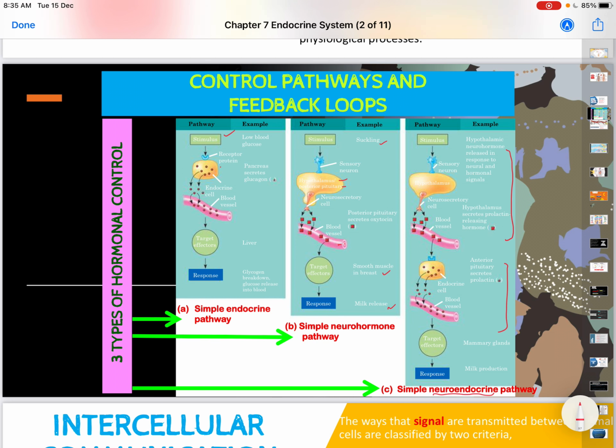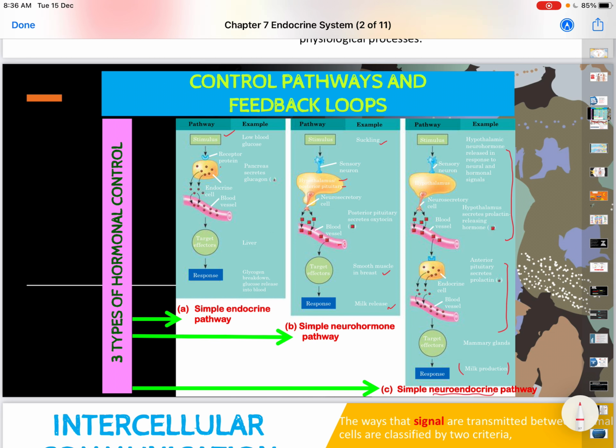The hypothalamic neurohormone is released in response to neural and hormonal signals. The hypothalamus secretes prolactin releasing hormone, and the anterior pituitary secretes prolactin, and then it will trigger the mammary glands to produce milk, also for babies.